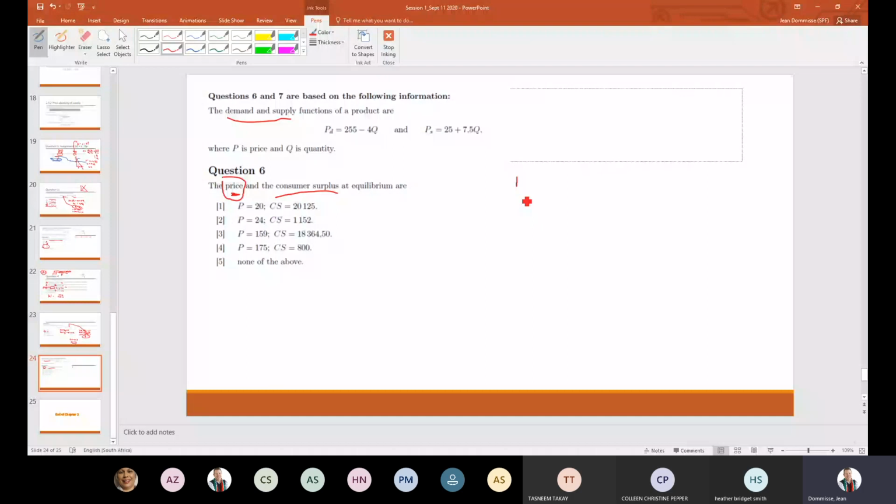But to get the equilibrium, it's where the two are again the same. So it's 255 minus 4Q, and it is equal to 25 plus 7.5Q.